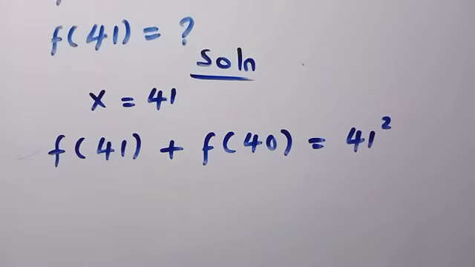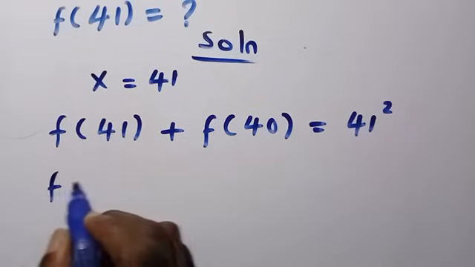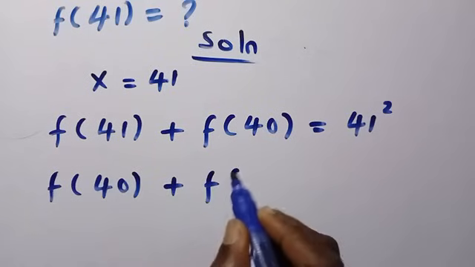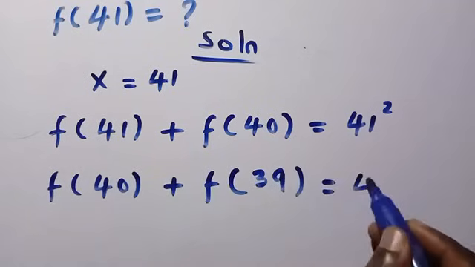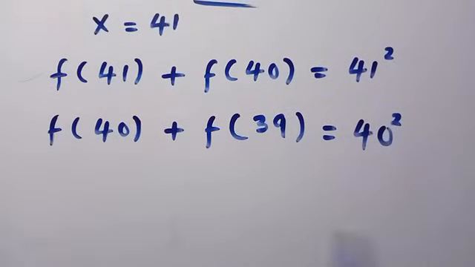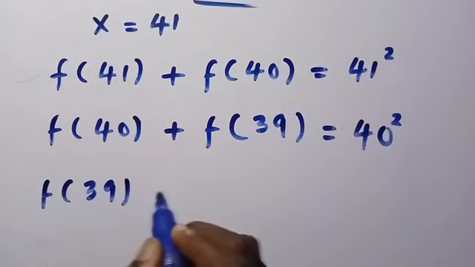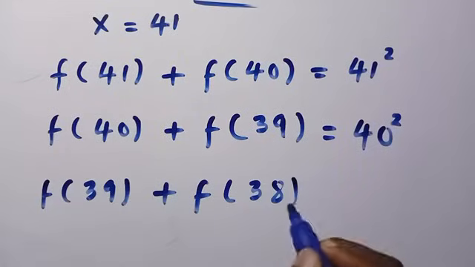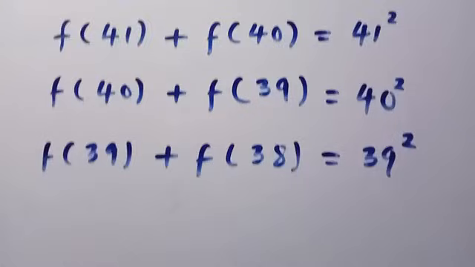Let's keep going. If x equals 40, we have f(40) + f(39) = 40². Next, f(39) + f(38) = 39².